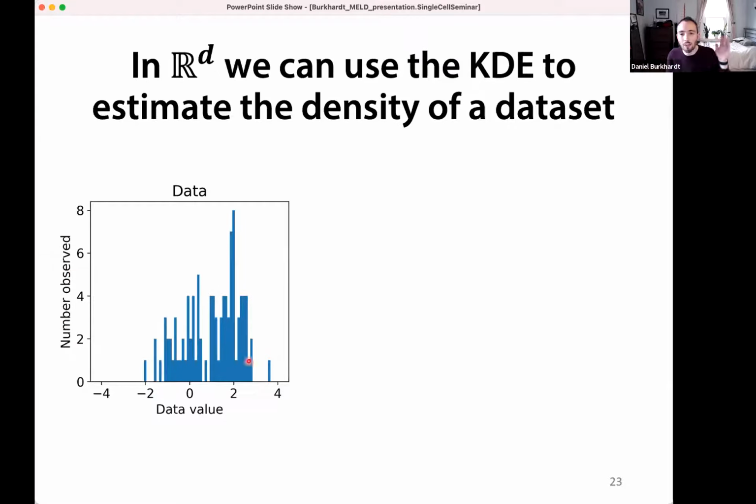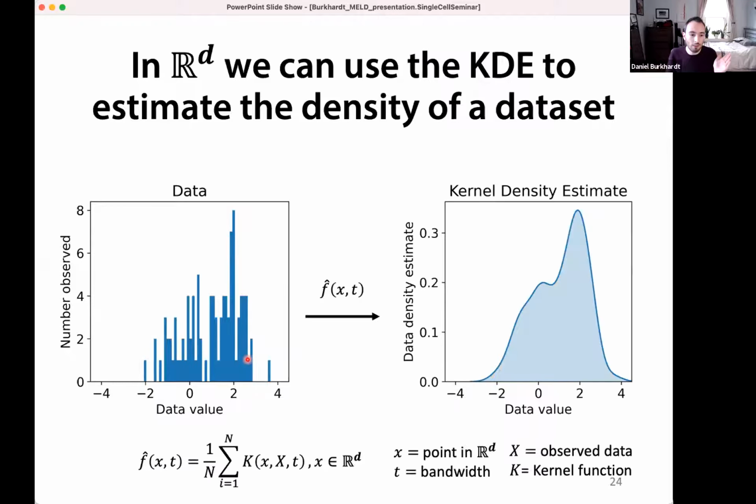Just imagine taking 500 samples from some random variable or variables. The idea behind kernel density estimation is to take a function of this input data and some bandwidth parameter t, and produce some smooth estimate over the underlying feature space. Here, we're just looking at the number line, basically, and to give you a density estimate of the probability of observing any one of those numbers, right?